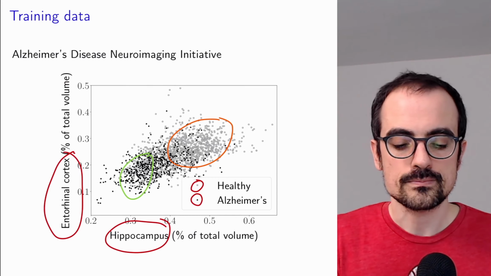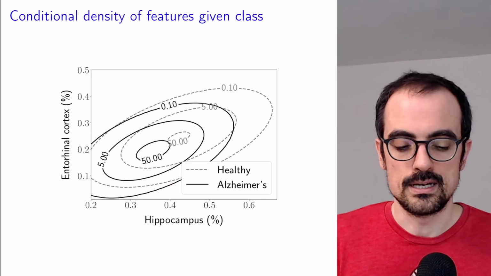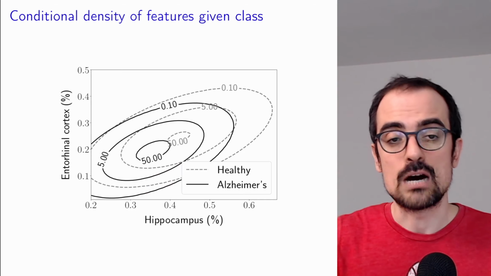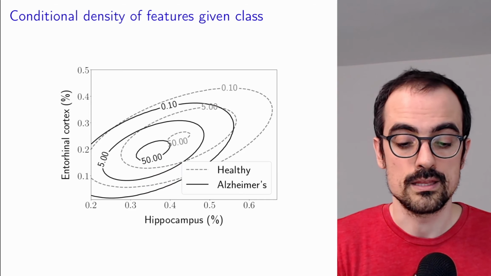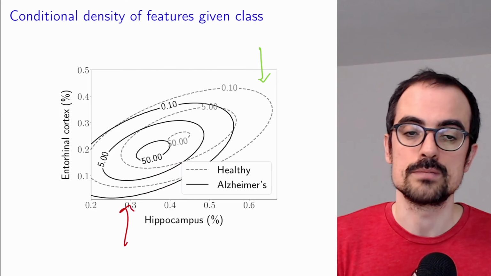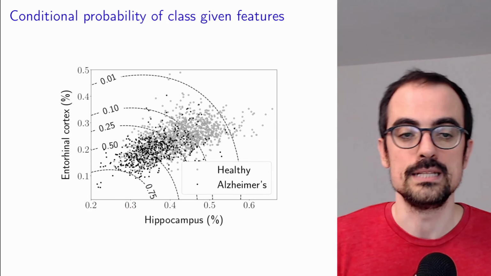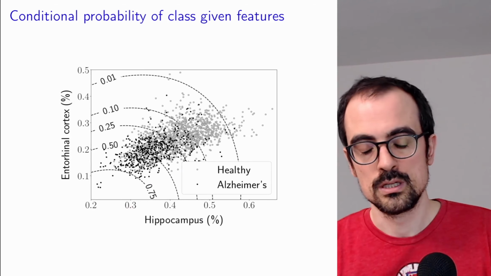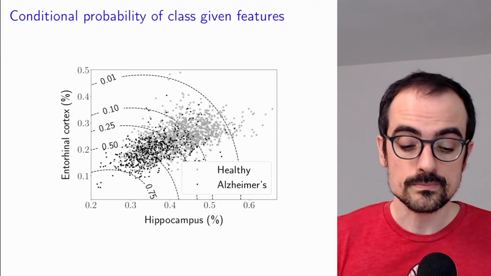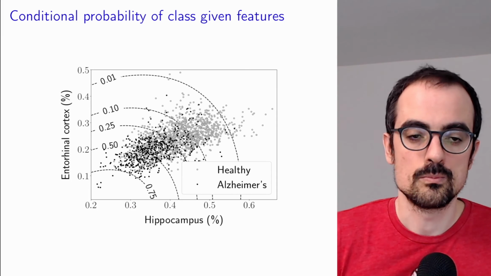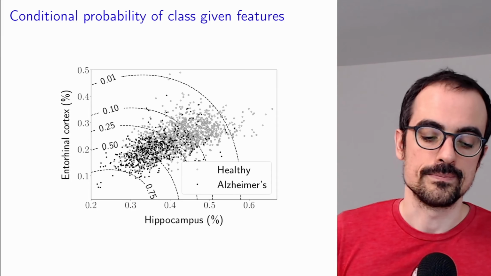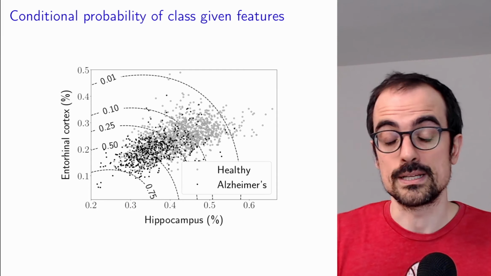And if we fit a Gaussian model to the healthy people and separately to the Alzheimer's people, then we can use this idea of computing the conditional probability of the discrete variable given the continuous variable based on the probabilities and densities provided by the mixture model.